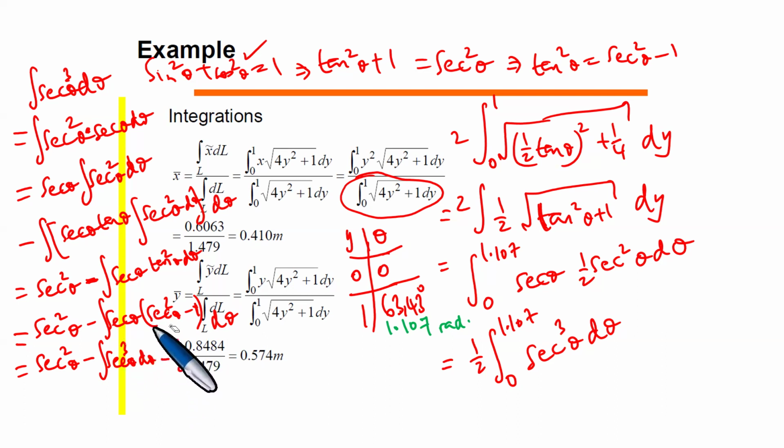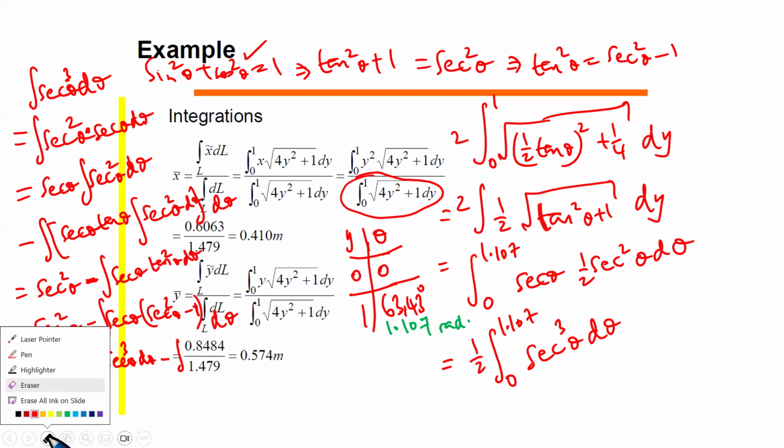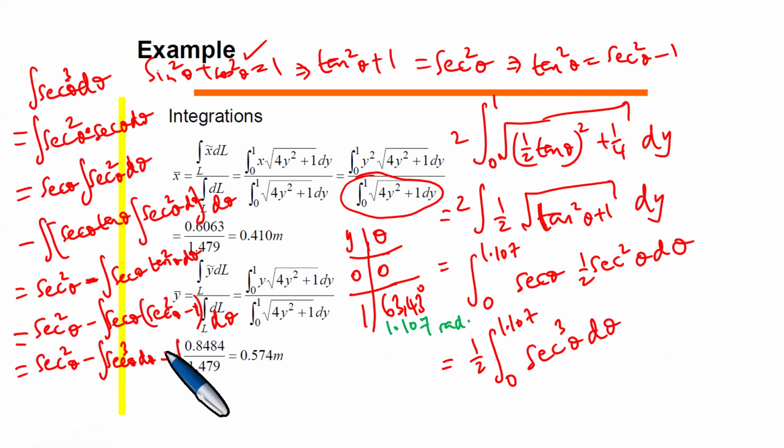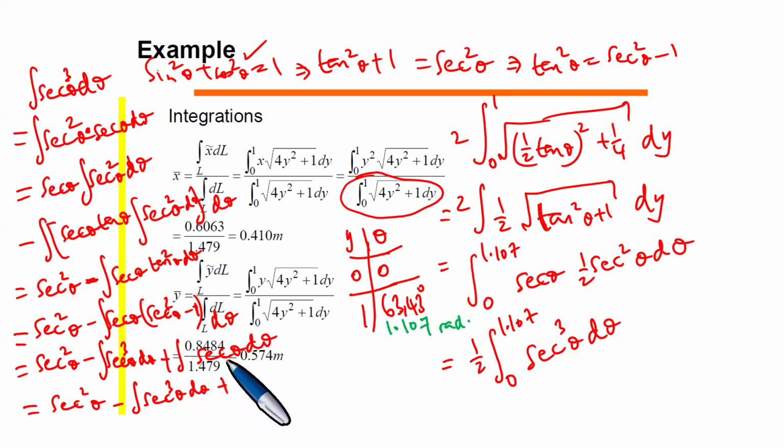But now you have the sec times 1, which is plus the integral of sec theta d theta, which is sec theta tan theta minus the integral of sec cubed theta d theta plus, now the integral of sec theta, which is the ln of sec theta plus tan theta plus C1, an arbitrary constant of integration.